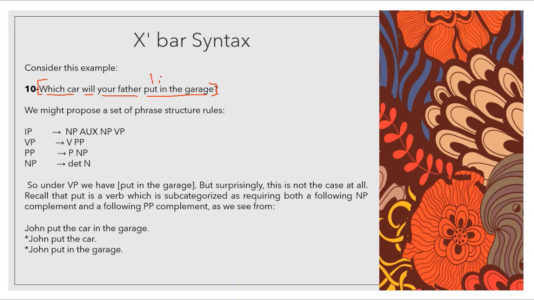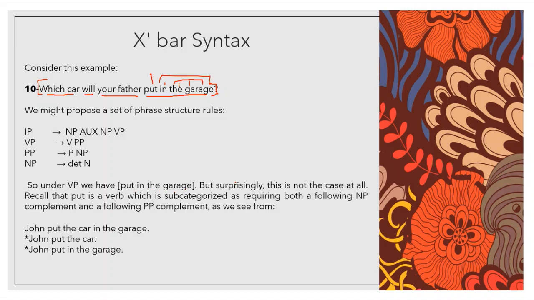The PP consists of P and NP. Here is the P and here is the NP. And the NP consists of the determiner and the noun. So this is the structure of this phrase. So under VP we have put in the garage.